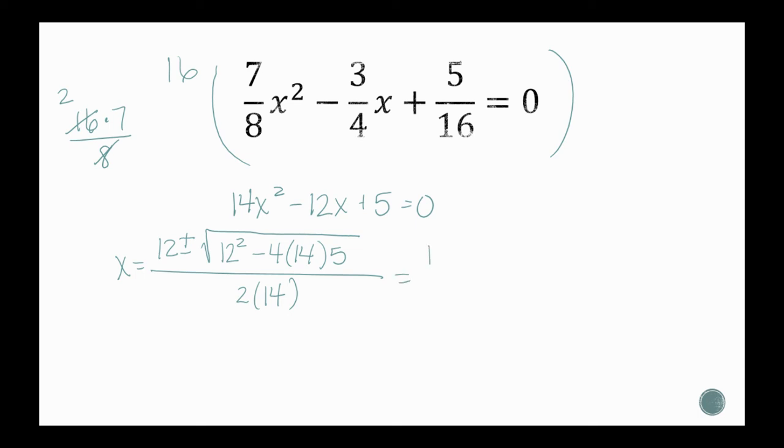So then we start by simplifying in the radical. And we have 144 minus 280, right? Was that a yes? Okay, thanks. Please always check my mental math. Sometimes it's more mental than math.